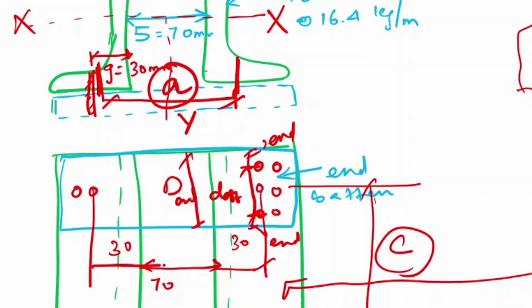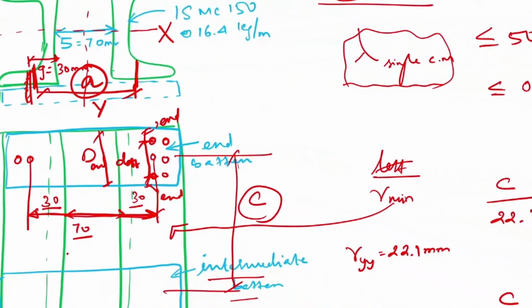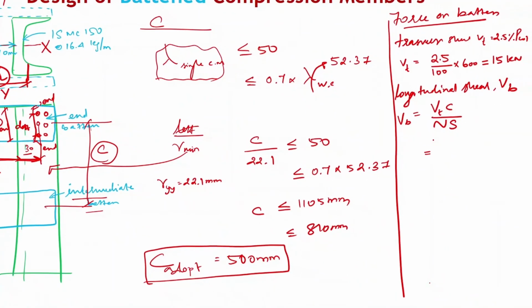See, that is this length of batten. So 30, 70, 30, 130. That is the length of batten. So Vt is 15 kilonewton.